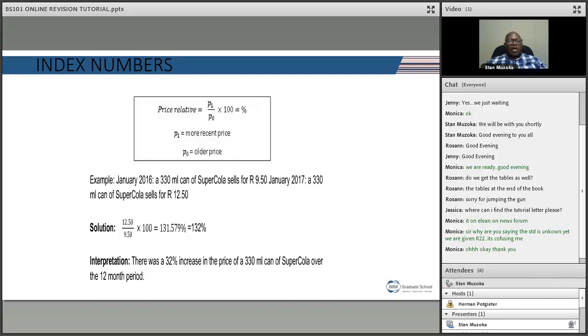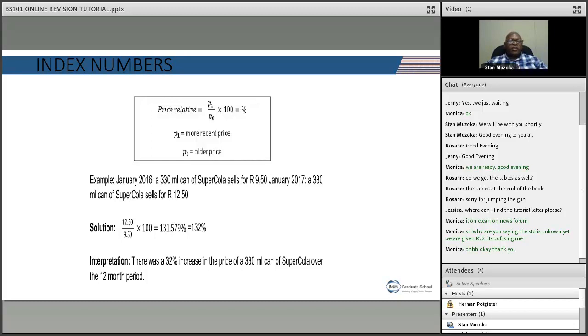Price in the current period divided by price in the base period multiplied by 100 will give us the price index. If the price index is larger than 100, then there's been an increase. If it is less than 100, there's been a decrease.